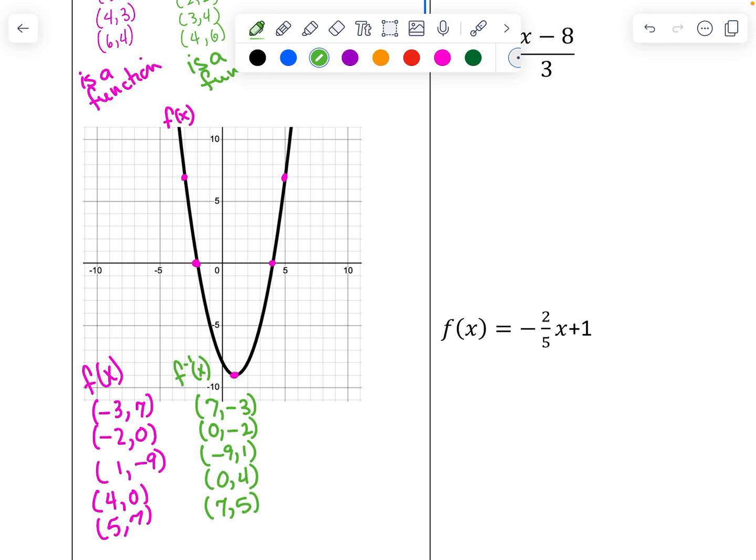So (7, -3) is here. And (0, -2) is here. And (-9, 1) is here. And (0, 4) is here. And (7, 5) is here.